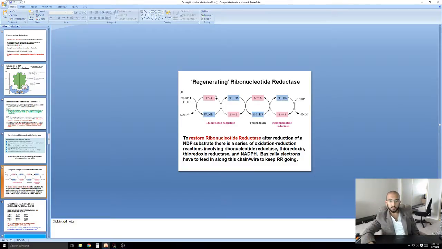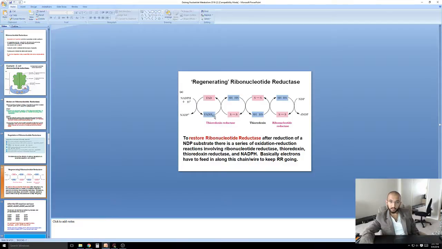So you can see that in order to go from NDP to dNDP, this is a reduction reaction, so we need this. The electrons have to feed across basically, and we feed the electrons onto the dNDP so that we can get rid of the OH and attach a hydrogen. The electrons come from NADPH as usual, and these go to FAD, which goes to FADH2.